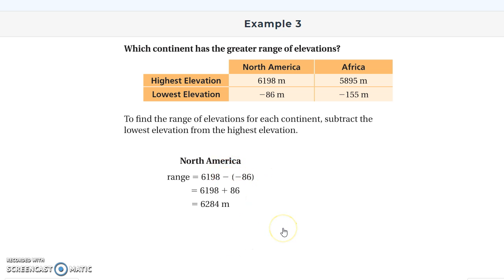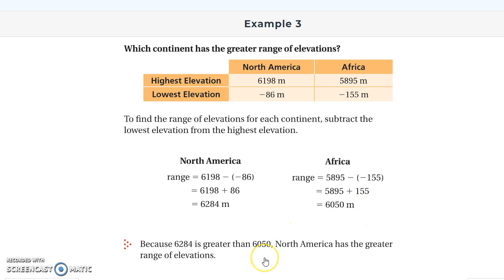There's my range. Because remember, I'm going from 86 below the 0 here all the way up to 6,198. So I have to add that total in. And I do the same thing for Africa. So which one has the greater range? 6,284, 6,050. Good job. Okay.